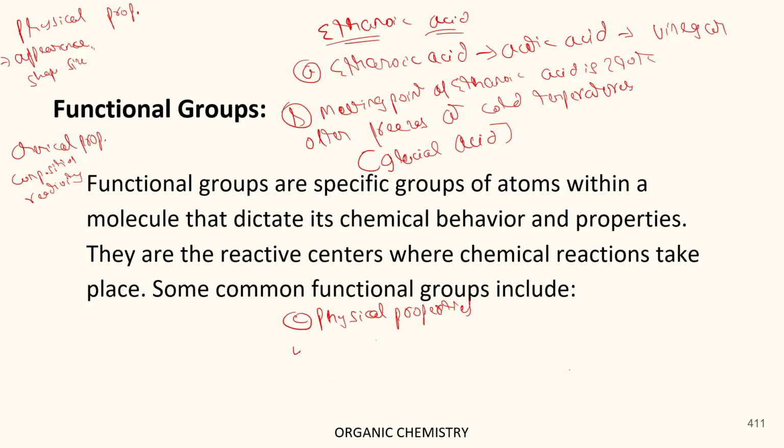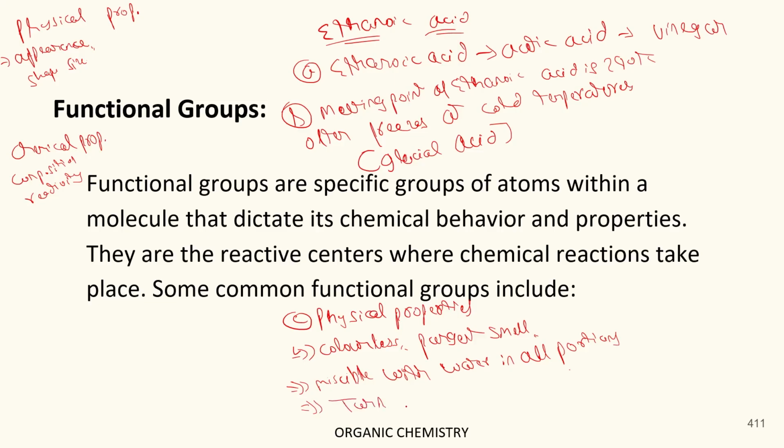So about the physical properties of ethanoic acid, it is colorless, has a pungent smell, thereafter second one is it is miscible with water in all proportions, and the third is it turns litmus paper to red.